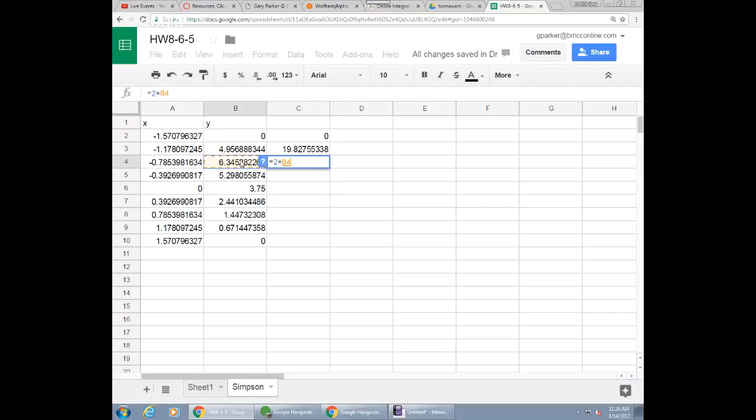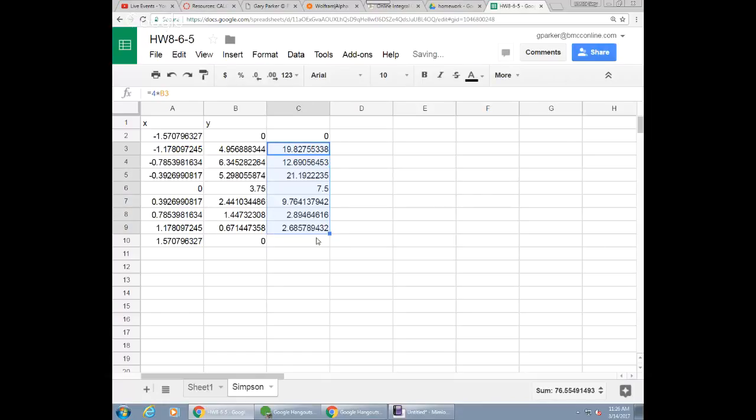Once I establish that pattern of the first two, I can just highlight the two of them and fill that down. And if I double click this one, it should say, yeah, you're being used 4 times. So it automatically picks up the pattern. Again, in order for that to happen, I had to get the pattern of 4 and then 2. Then I highlight both of them, let go of the mouse, grab the fill button, and fill it down.